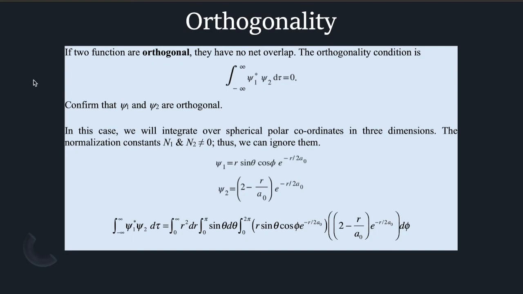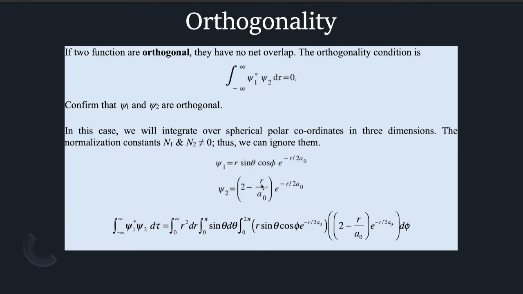In this case, we're going to have to integrate again over spherical polar coordinates in 3 dimensions. We actually don't have to worry about the normalization constants. They're never equal to 0, so they're not going to make this equal to 0. So let's just concentrate on the terms involving r, theta, and phi.